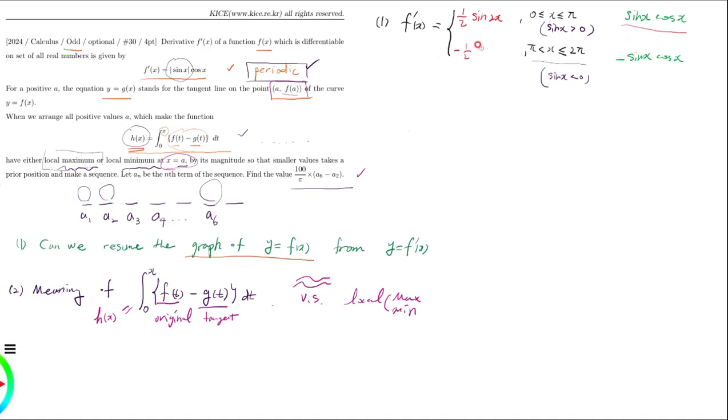This is negative 1/2 times sine of 2x because of the angle sum rule for the sine, because sine of 2x gives us 2 times sine x times cosine x here.